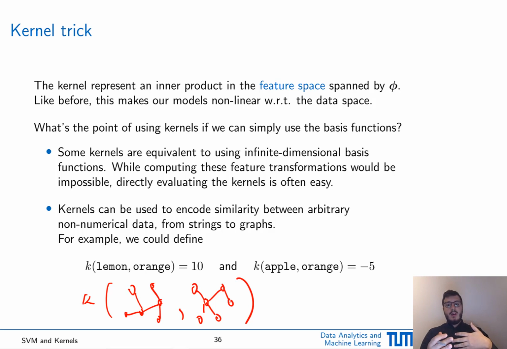And in this case, we won't be able to even compute it, right? The basis function is an infinite dimensional space. We can't really compute it. But if we have the kernel function, we can just plug the two objects in, and outside we get how similar they are.